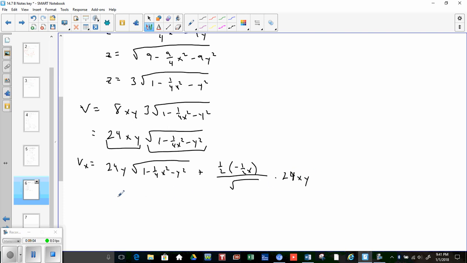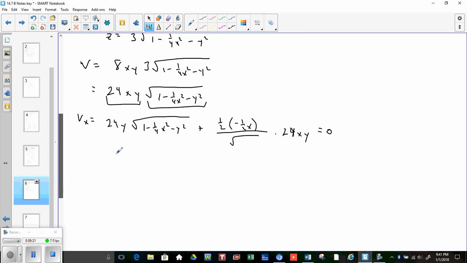All right, so let's go ahead. Oh, we've got to set that equal to 0. We are going to have to solve this for one variable or another. So let's just start simplifying first, and we'll figure it out. So we're going to get 24 square root 1 minus 1/4 x squared minus y squared. Probably should go ahead and fill that in, but I'll do that in the second step here.